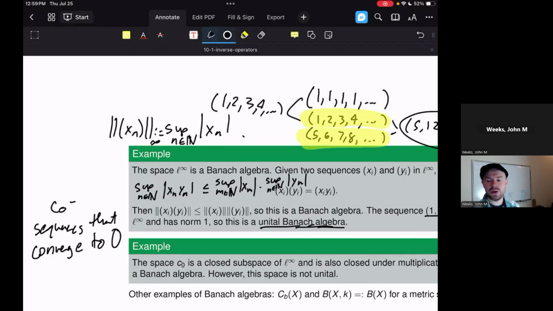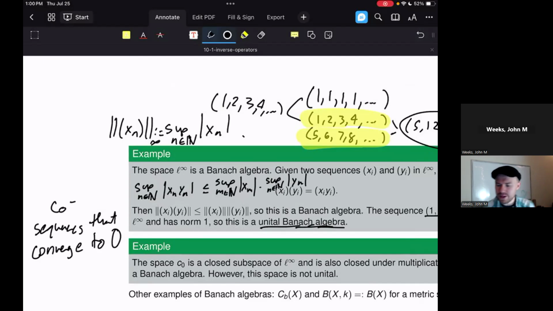It also has the property that if you take two sequences that converge to 0, then the product of those two sequences must also converge to 0. So that gives us something that is a Banach algebra as well, as it satisfies this exact same property. However, C0 does not have a unit.